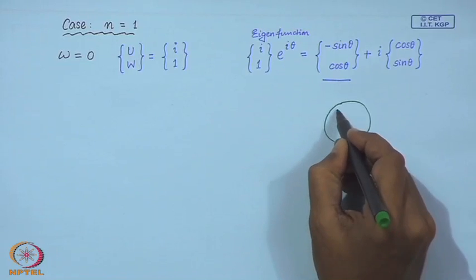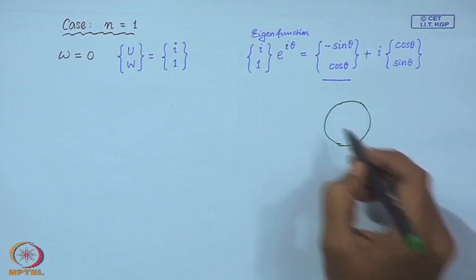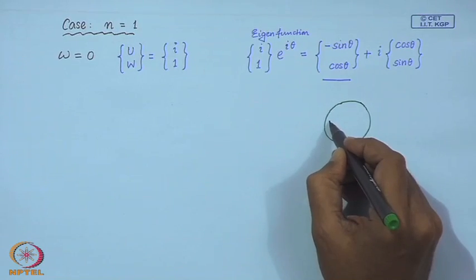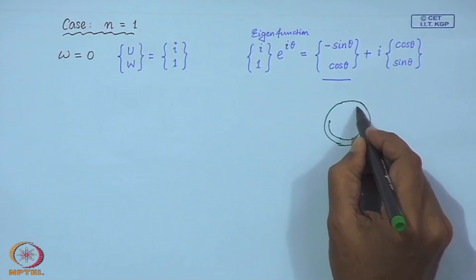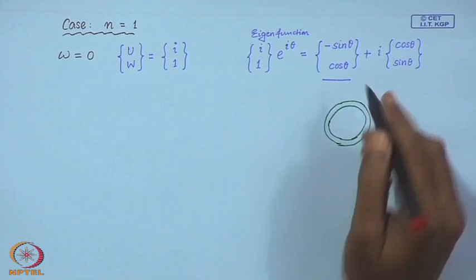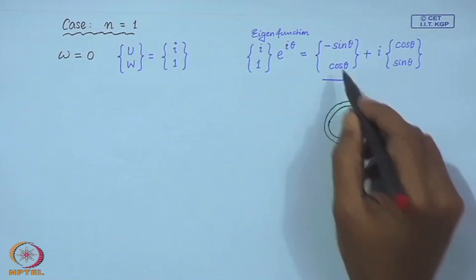So, this is the ring. Now, this is the deflection of the center, the neutral fiber.